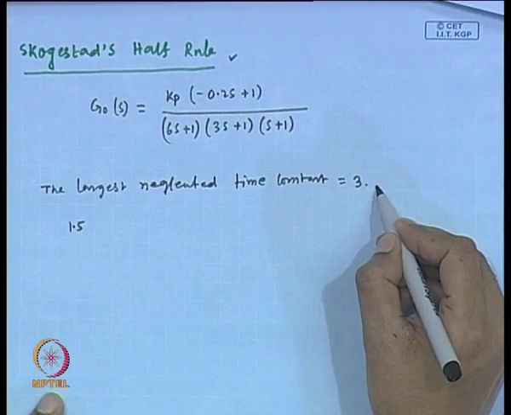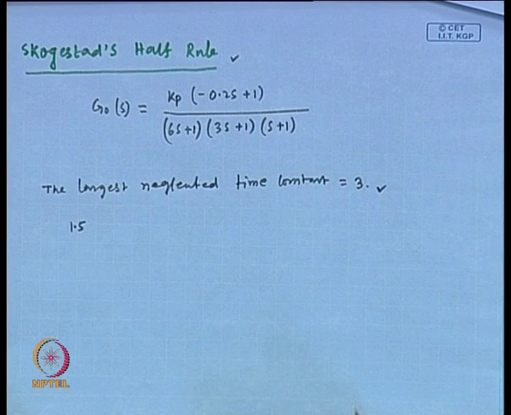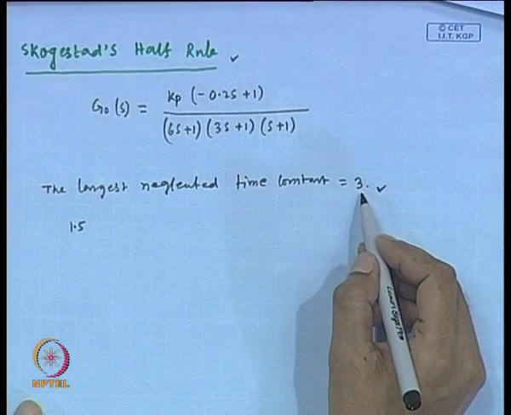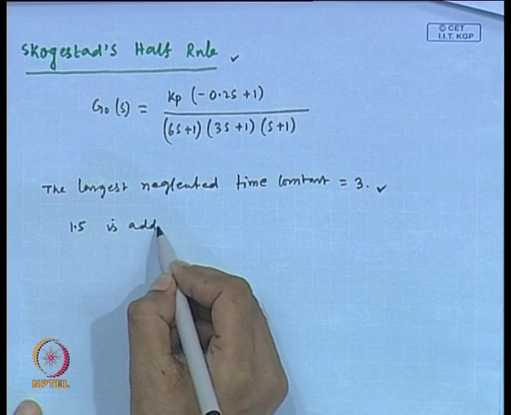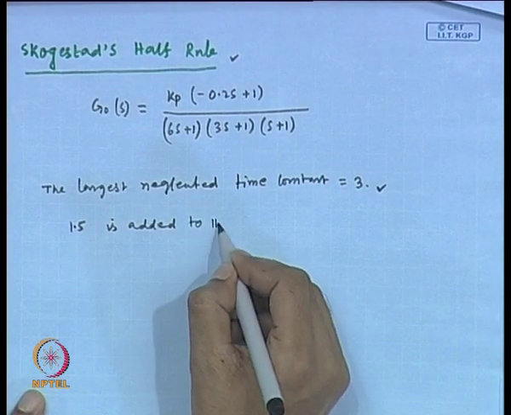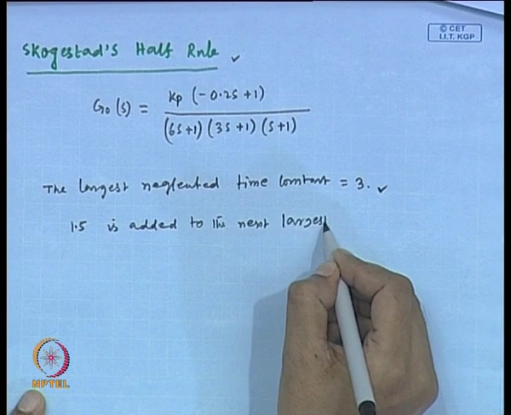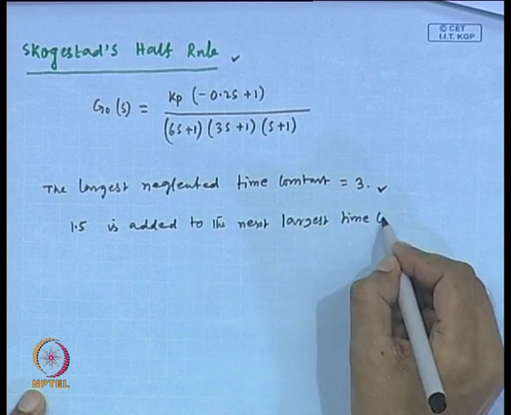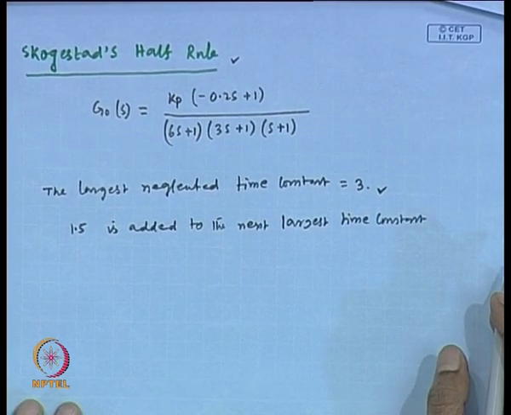In the Taylor method, the largest neglected time constant considered is 3. According to Skogestad's half rule, 50% of this value, that is 1.5, is added to the next largest time constant. What is the next largest time constant? 6.